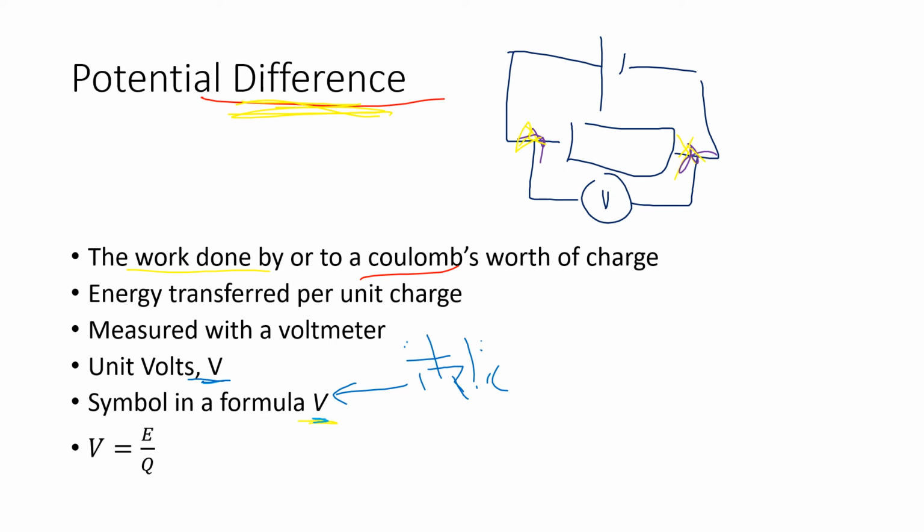And there's the formula. Work done is an energy, so energy divided by the amount of charge. Energy transferred per unit charge. So we get the total energy transferred divided by the total amount of charge that's flowed, and that gives us the voltage or the potential difference. Okay, just to think a bit more about potential difference, the easiest way to think about it is as being the push.